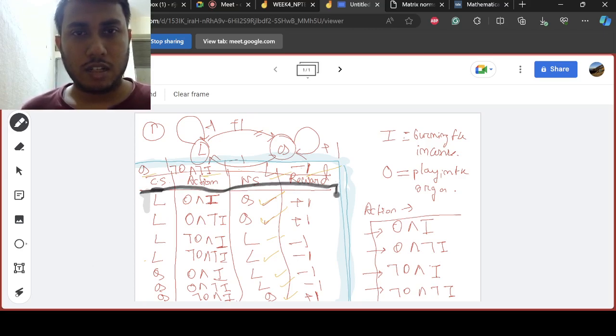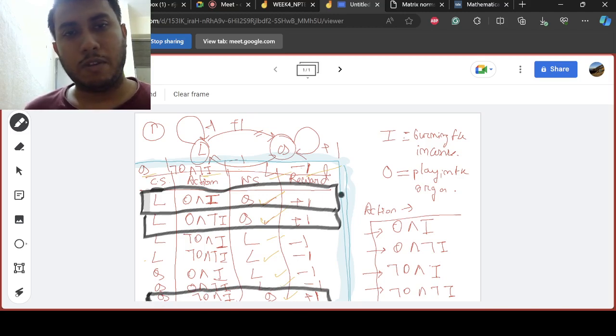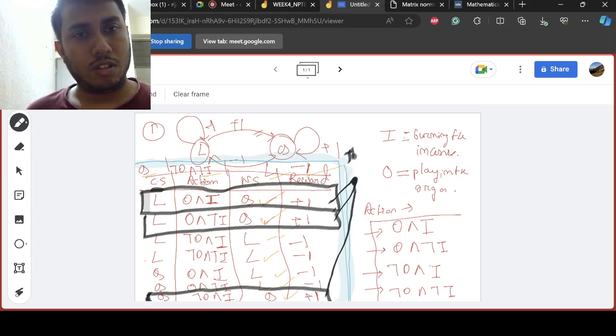So you are going to select the policy which gives us maximum rewards.